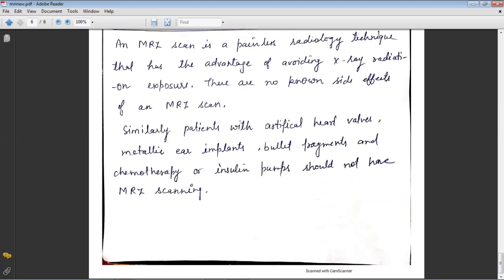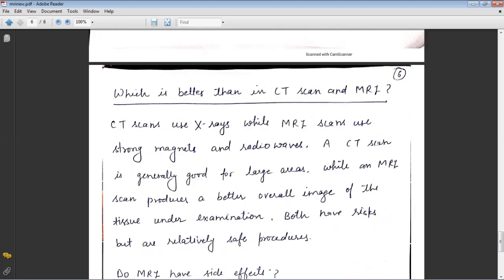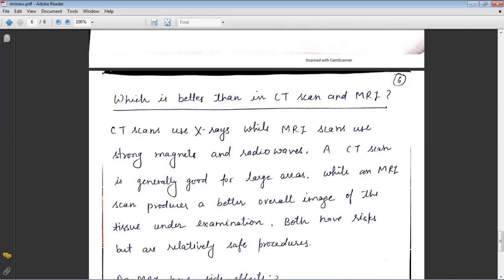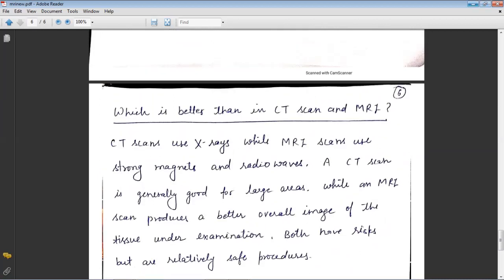So this is the MRI. If we want an introduction of MRI in one line, we can say that MRI is an important technique for the diagnosis of the soft tissues of the human body based on the principle of NMR.